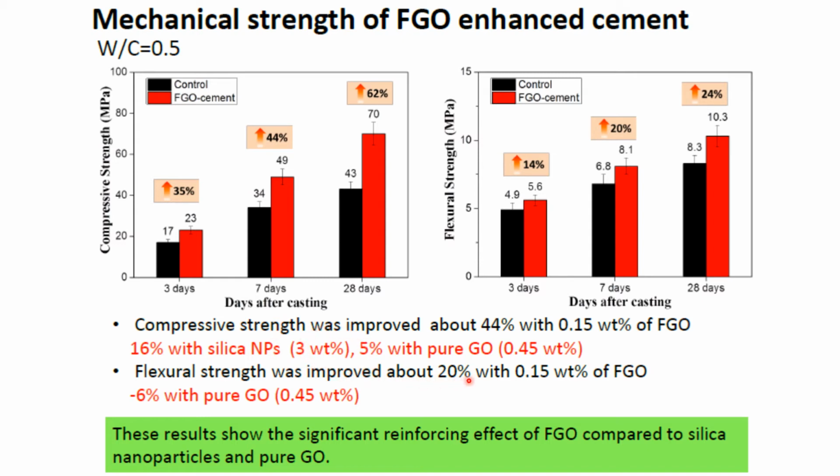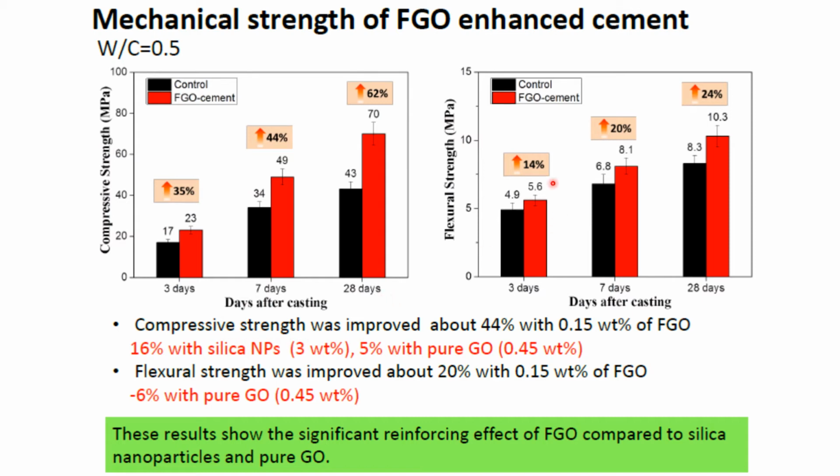And I must say they also added pure GO, without functionalized GO, prepared by Hummers, I strongly believe. With 0.45 weight% of pure GO addition in the cement, they got only 5% improvement. So definitely FGO shows some effect over the silicon nanoparticle as well as with respect to the pure GO material.